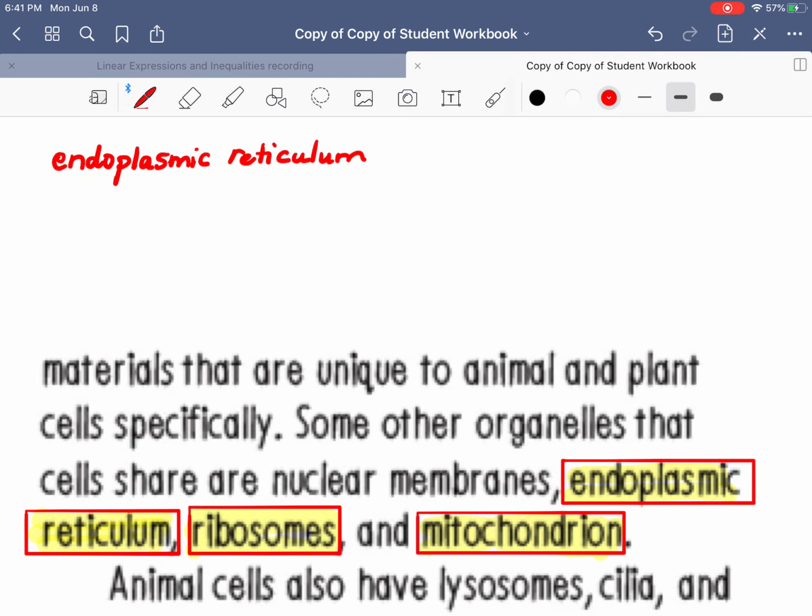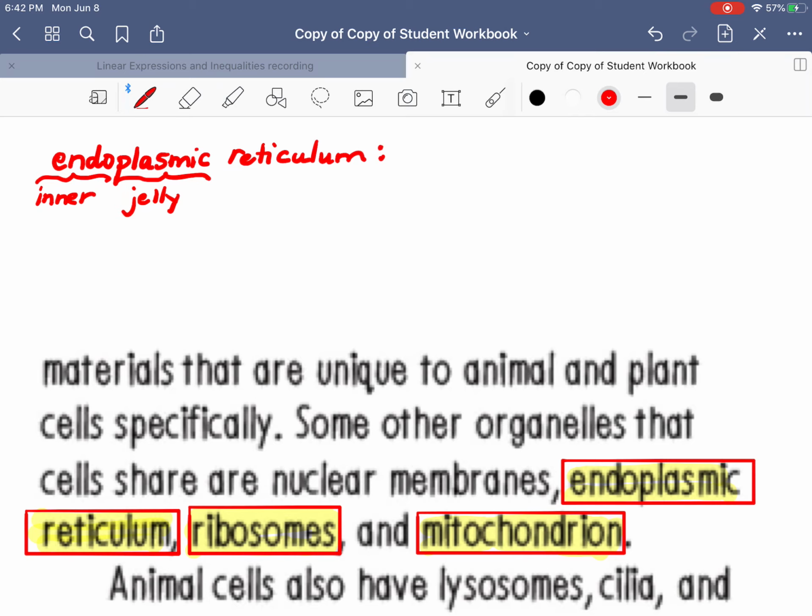Okay, I have to stop and look at that one. Endo, whenever you see it, means inner or inside. Plasm, remember, is jelly. So the endoplasmic reticulum is located inside that jelly, inside the cytoplasm. And there are actually two types. I am going to go ahead and tell you the two types.